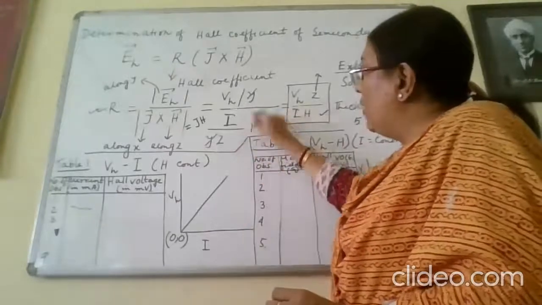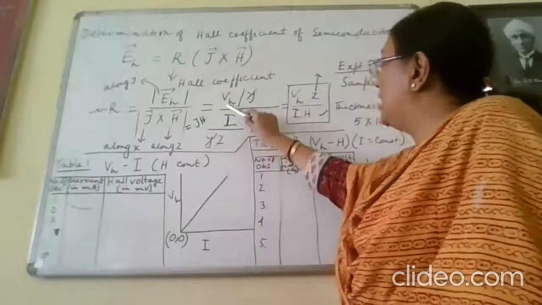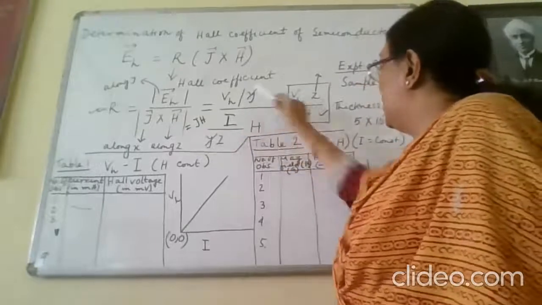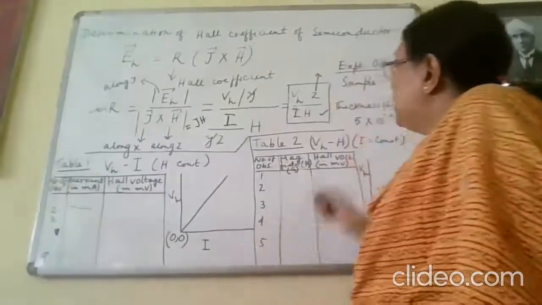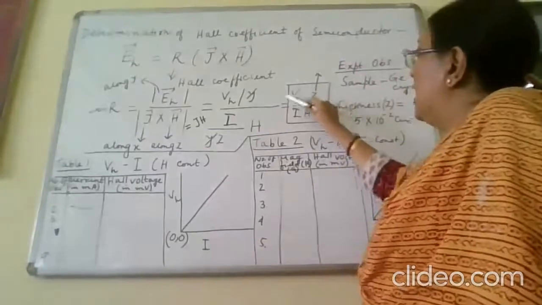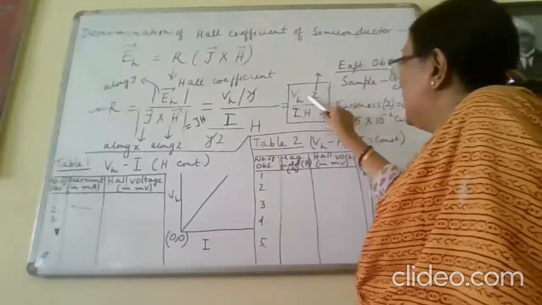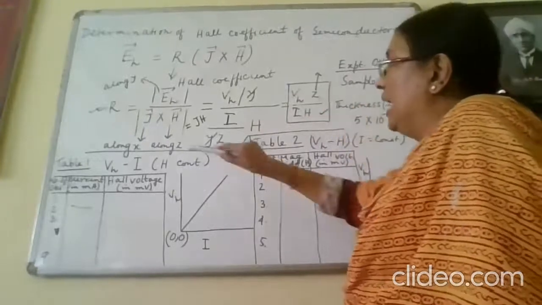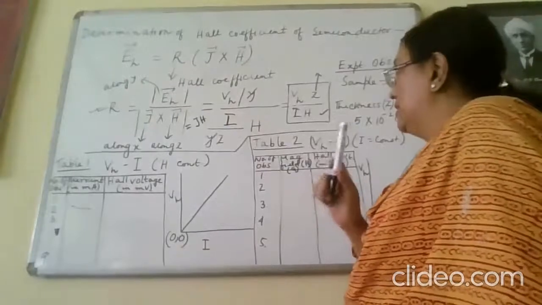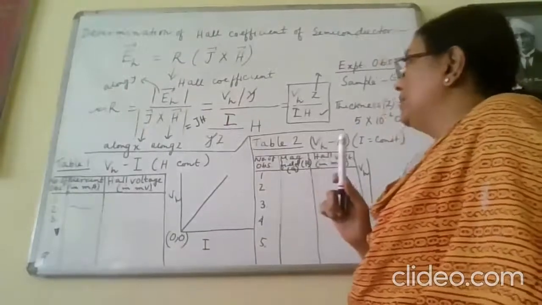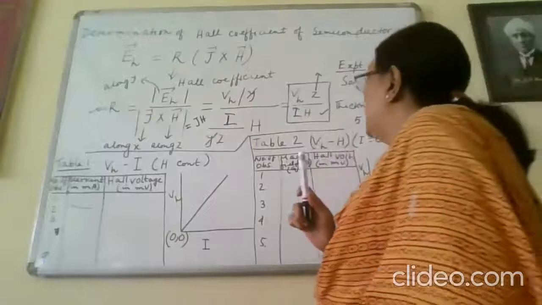Now look here, Y will cancel out and we are getting VH Z divided by I into H. Now what is VH? VH is the Hall voltage. What is Z? I already mentioned X, Y, Z are three dimensions of the semiconductor crystal. Here we have taken germanium.